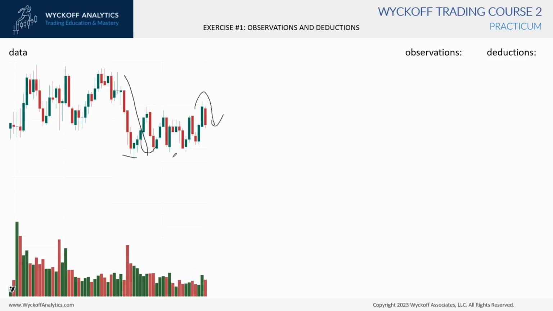And I would say, just in general, volatility is still pretty high here. If we look at all of the rallies and the reactions, it takes 5 days to go up, 2 days to go down, 3 days to go up, 1 day to go down, 3 days to go up, 2 days to go down.